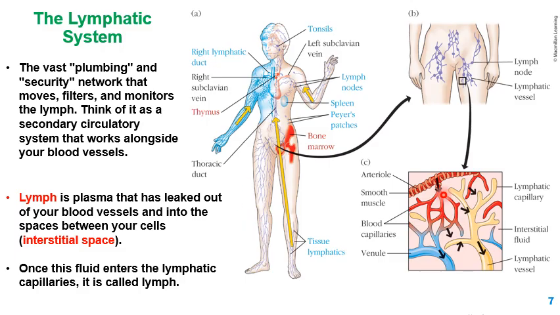Okay, so here is the idea of how you get the lymph, right? So basically you have blood going through your arteries, and once they come out of the arteries and go through the capillaries, you have some leakage of some fluid out of the capillaries that gets into the interstitial space.